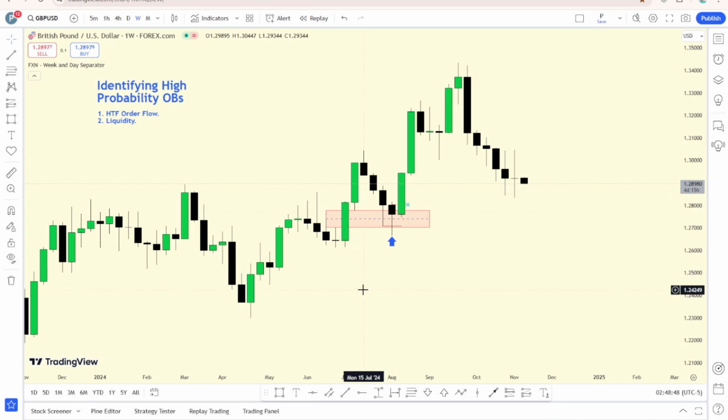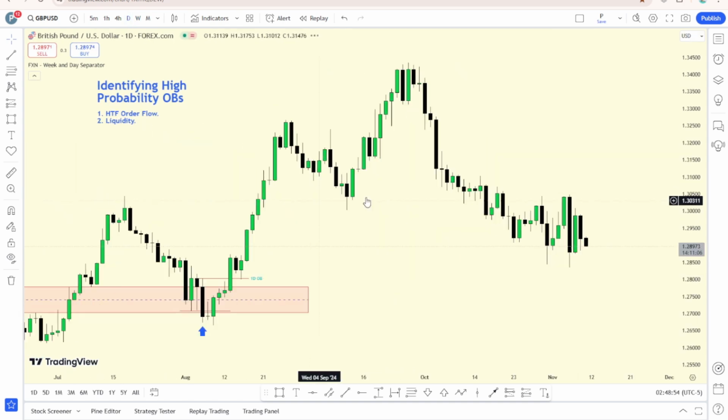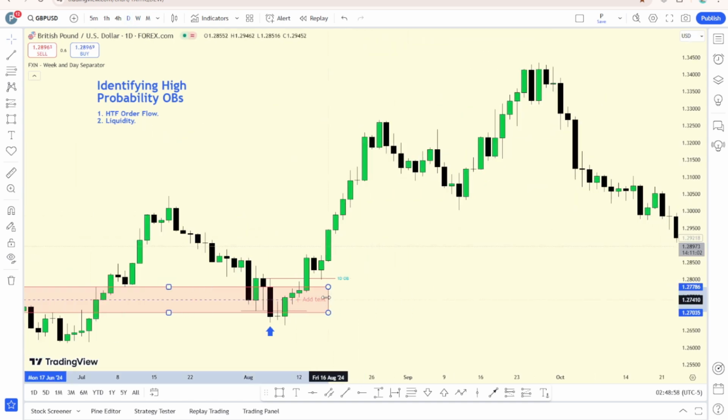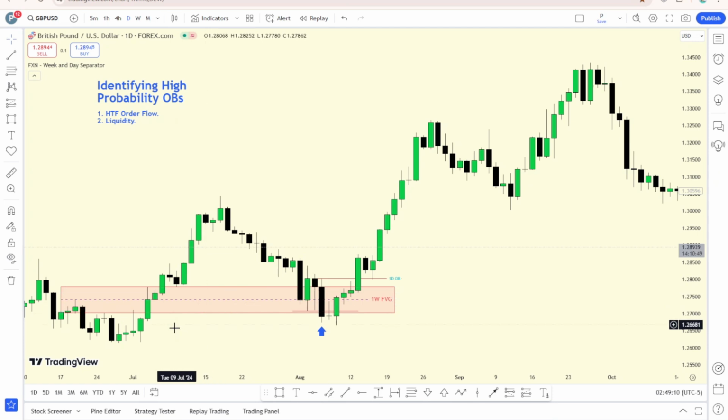So the higher time frame order flow is bullish, and we also have that higher time frame key level that the market will have used once the order block is created in that area, to make it a high probability order block. This order block is high probability because we have a weekly fair value gap, a higher time frame key level, sell side liquidity that has been run, and the weekly order flow is already bullish.